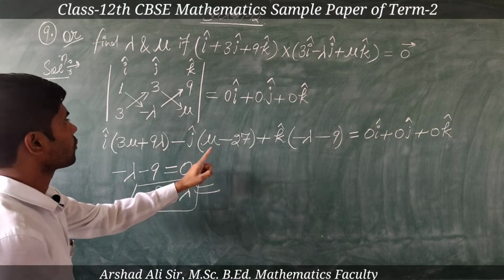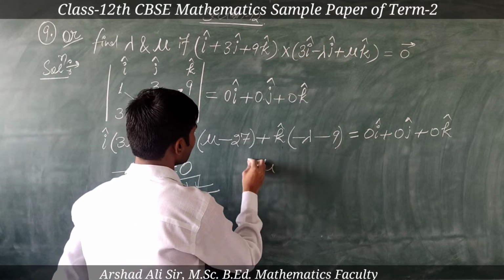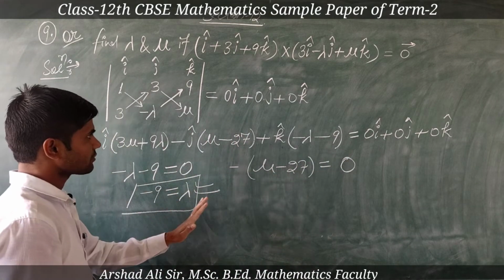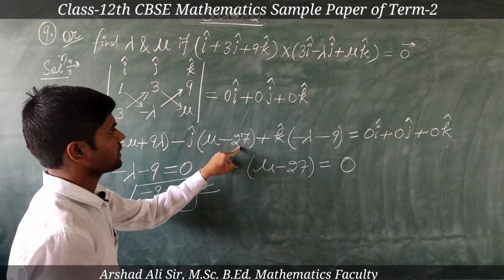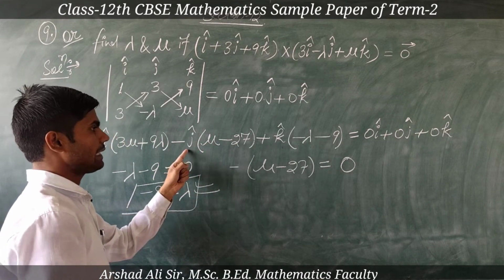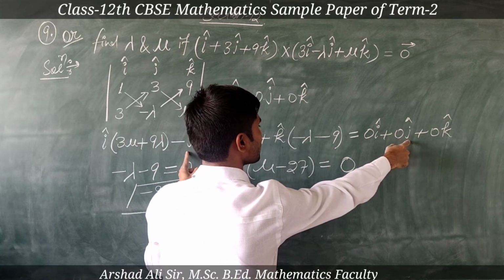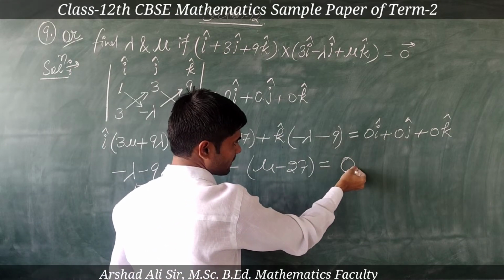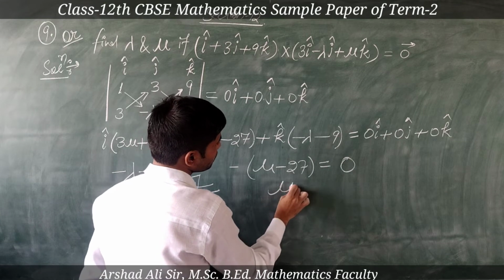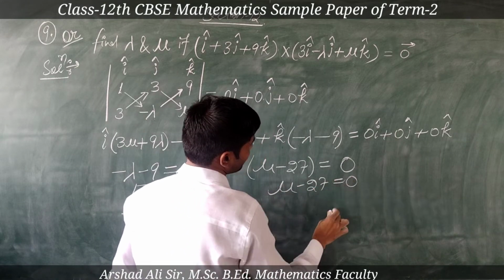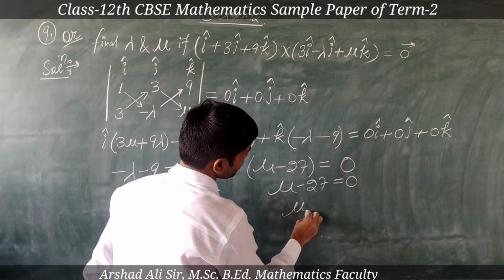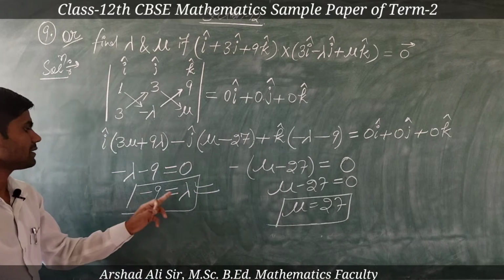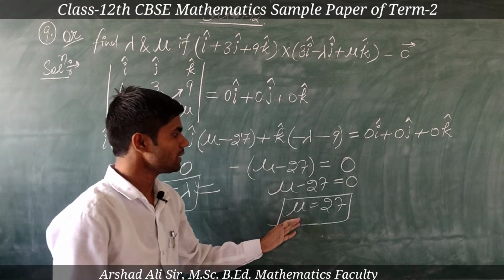And the coefficient of j is minus mu minus 27 on the left side and 0 on the right side. We can take this minus to the right side, so there will be no difference. So mu minus 27 is equal to 0, and here mu is equal to 27. So value of lambda is equal to minus 9 and value of mu will be 27.